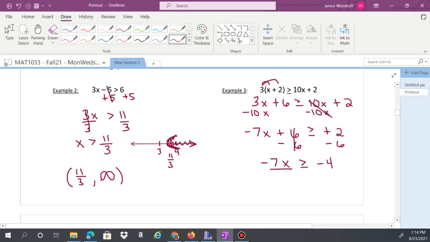And then I'm going to divide both sides by negative 7. Now here, I'm dividing by a negative, which means I'm going to take this inequality and flip it. I didn't do that over here because I divided by positive 3. So I'm dividing by a negative here, so I'm going to flip that. I'm going to get x is less than or equal to negative 4 over negative 7, that double negative. Negative divided by negative becomes a positive. So it's 4 over 7.